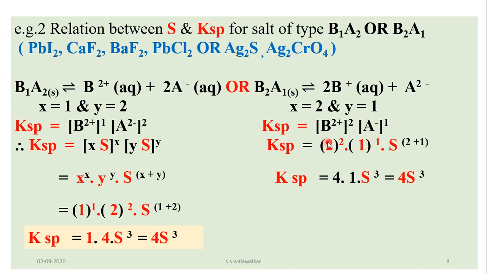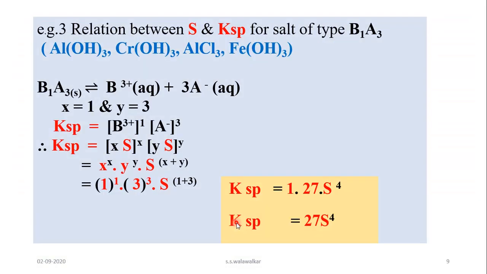Here X is equal to 2, so 2 raised to 2 into 1 raised to 1 into S raised to 2 plus 1. Therefore Ksp is equal to 4 into 1 into S raised to 3, that is 4 into S raised to 3. So that is the Ksp for a B2A1 type of salt.